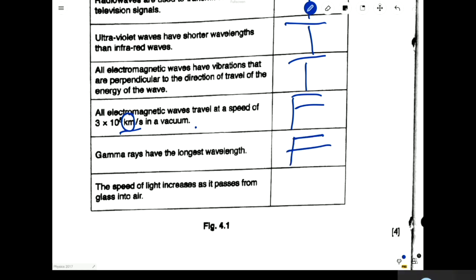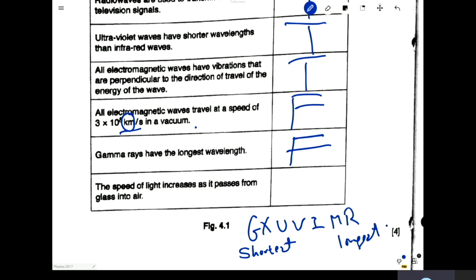False, because it's the reverse, it's the shortest. This one is the shortest, this is the longest. Last one, speed of light increases as it passes from glass to air. True. So this one, there's the electromagnetic spectrum.